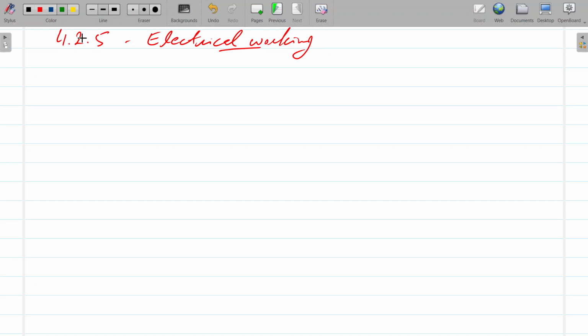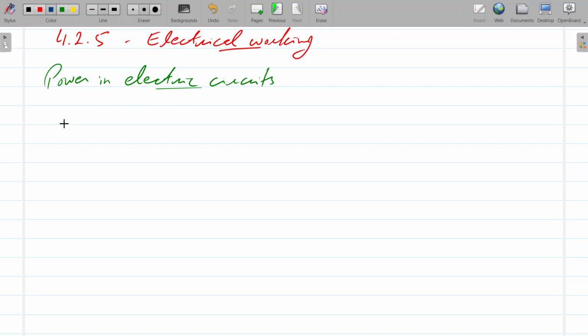So we've talked about power in an earlier chapter back in Unit 1. And power, the definition stays the same.